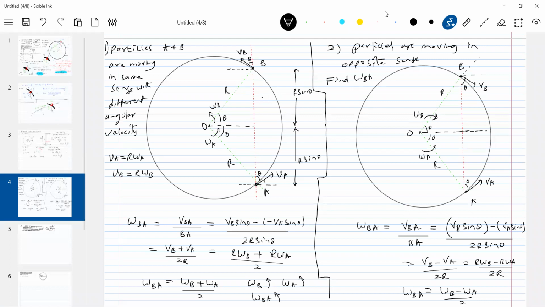The particles are moving in the same sense with different angular velocities on a circle. Sir, if you look at B from A, it is not necessary that B will move in a circular path, right? Need not. I'm not saying anything about that. In that position only. It is, at that instant. Okay, sir.